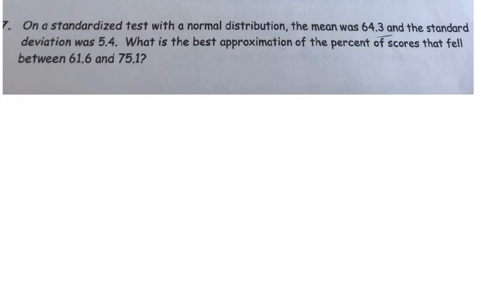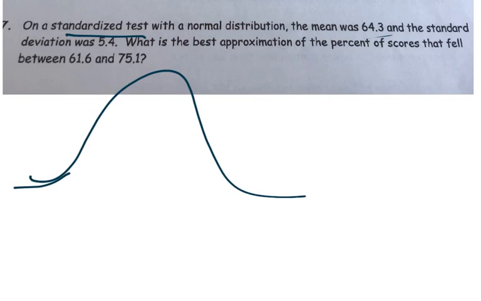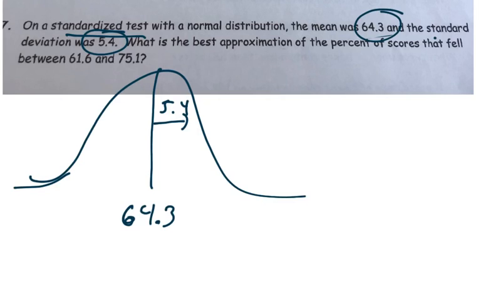Finally, guys, let's do this one. Again, 27 is the problem here. And we know we're doing a standardized test. It's a normal distribution. Let's get our sketch here. It doesn't have to be perfect. We know the mean is 64.3. Let's put that right in the middle. We know the standard deviation, 5.4, is right there.